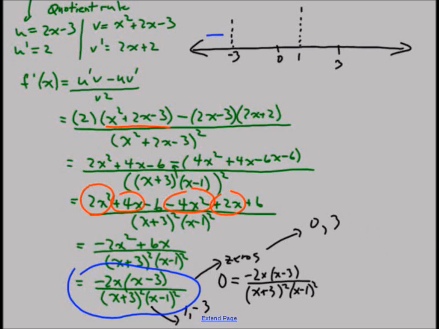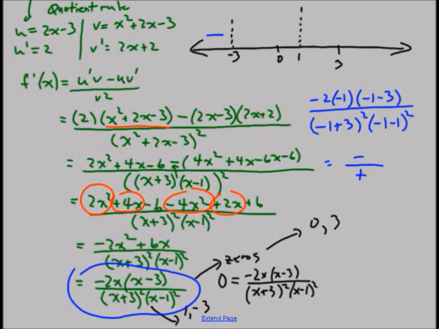Let's choose negative 1. That's a negative times a negative times a negative in the numerator, so that'll be a negative. It's a positive times a positive in the denominator, so again, this is negative.